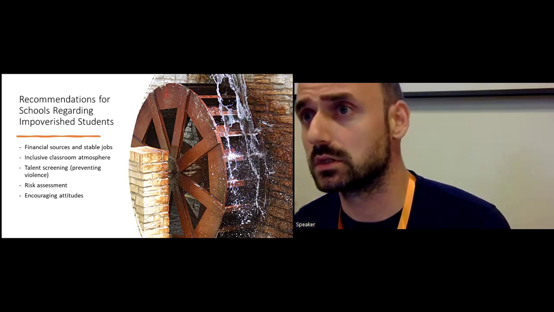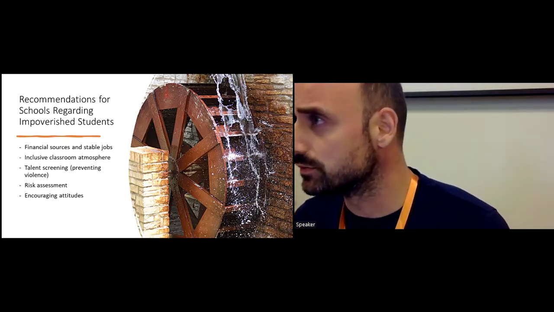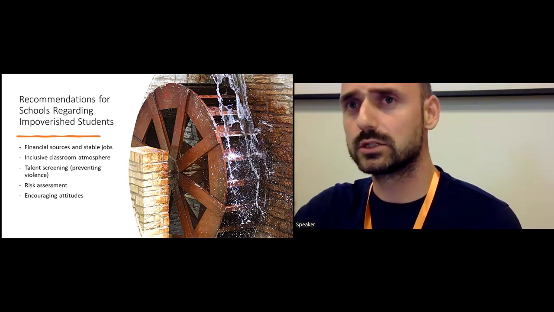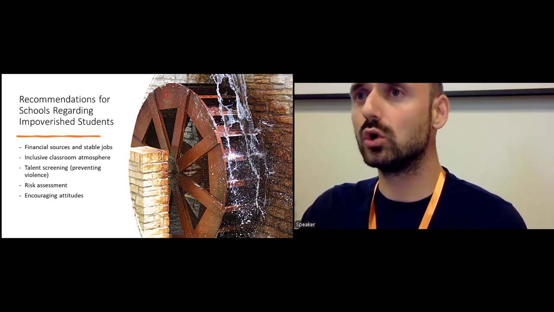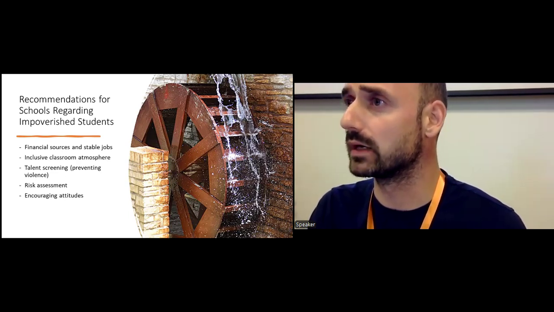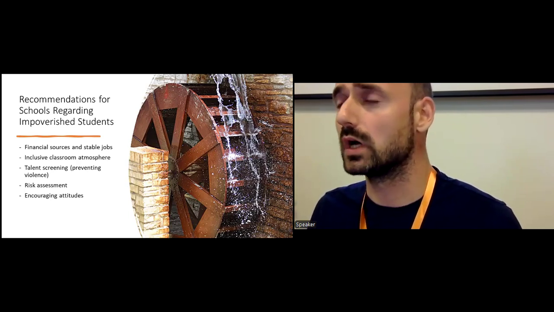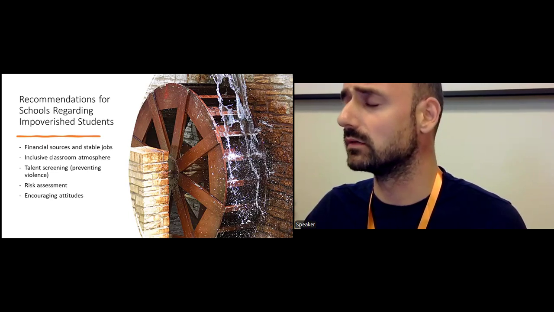And risk assessments. In Turkey, the school year begins in September, and by the end of November, all schools have to have a risk assessment file. We have to know how many students we have coming from impoverished backgrounds, how many students' parents are divorced, how many students' parents don't have literacy.